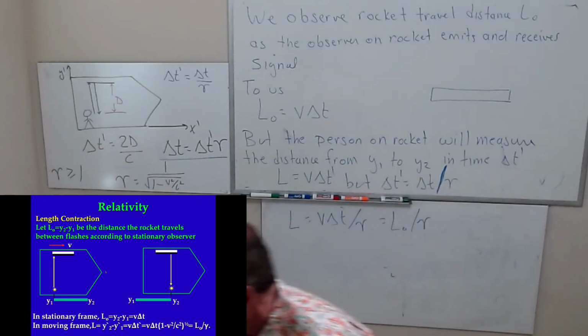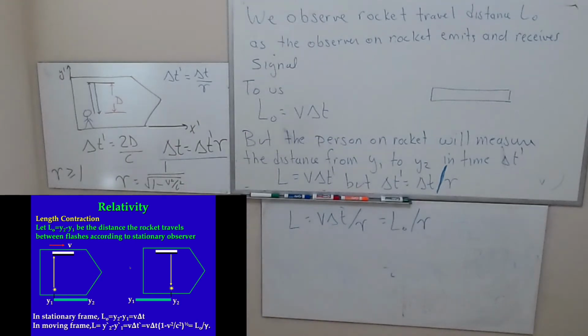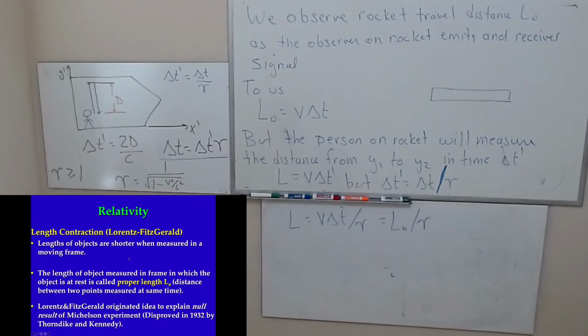Okay, so that's the implication of Einstein's second postulate. And the implications of his postulate we actually observe. Now, lengths of objects are shorter when measured in a moving frame. The length of an object measured in a frame in which the object is at rest is called a proper length.